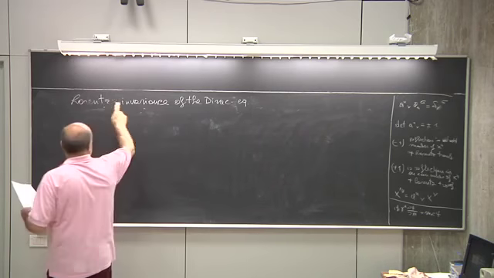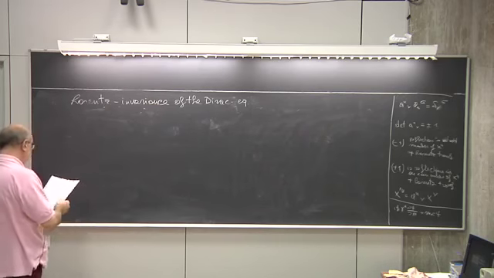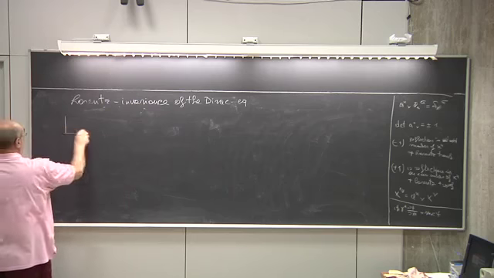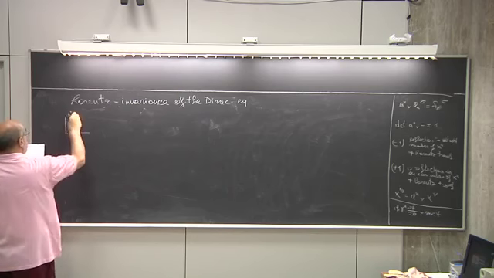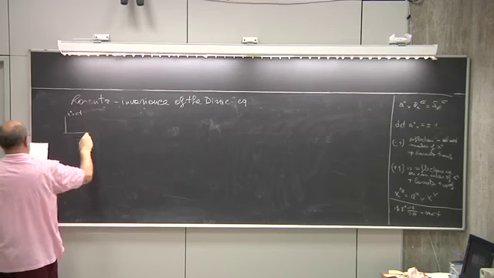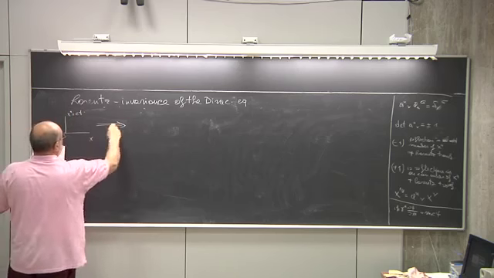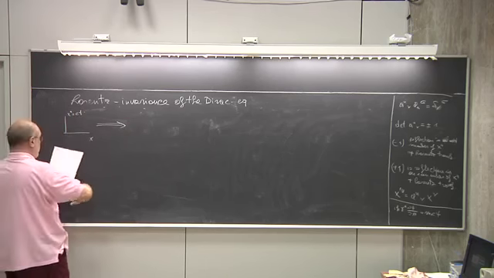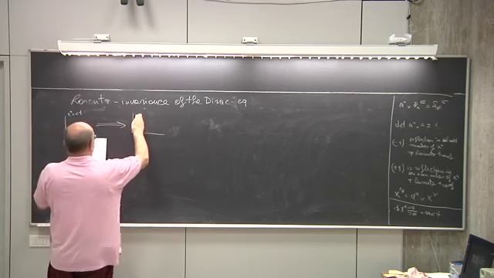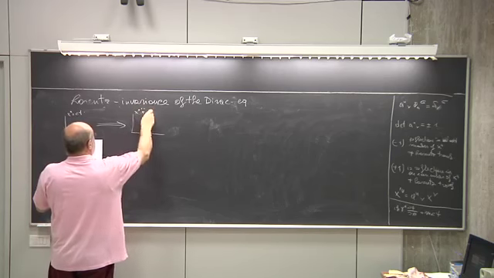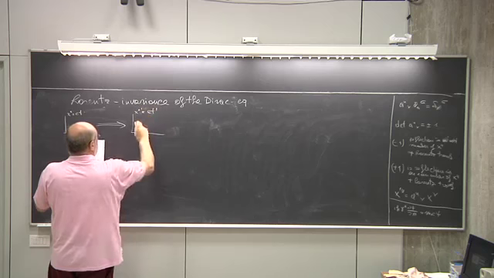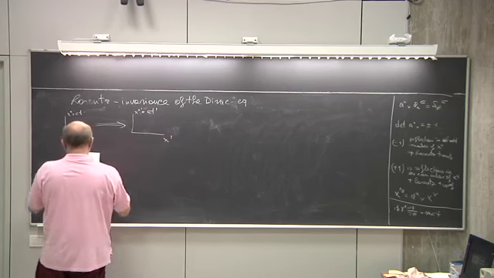Our original goal was written there: the Lorentz covariance of the Dirac equation. So that means we have a frame, this frame, and let's do a rotation plus a boost, and we go into another frame that has new coordinates.